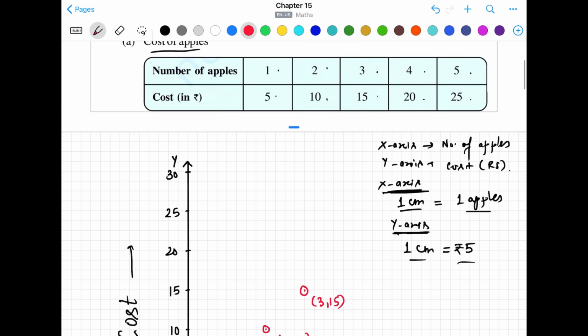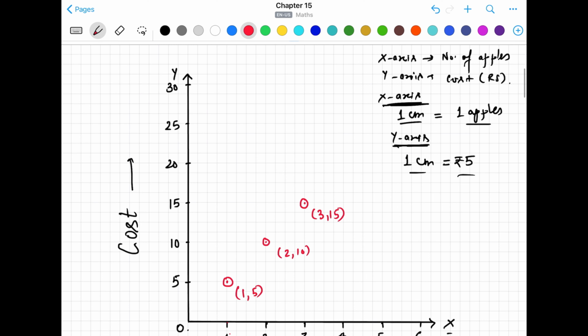Next, 4 apples cost us 20, and 5 apples cost us 25. So these are the costs of 4 apples, that is 20, and this one is for 5 apples, which is 25.